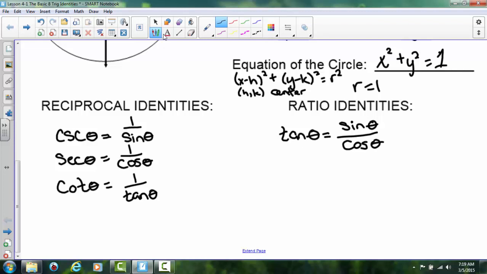And then because cotangent is the reciprocal of that, we can say that cotangent theta is equal to cosine theta over sine theta. Okay. So that's using our ratios and reciprocal identities based on the relationships we'd already seen.